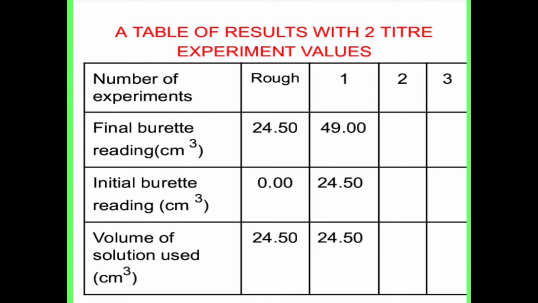So therefore, our table will have to look like this one here. Now, assuming we have done experiments 2 and 3, let us see how that table is going to look like, and we make some comments about it.